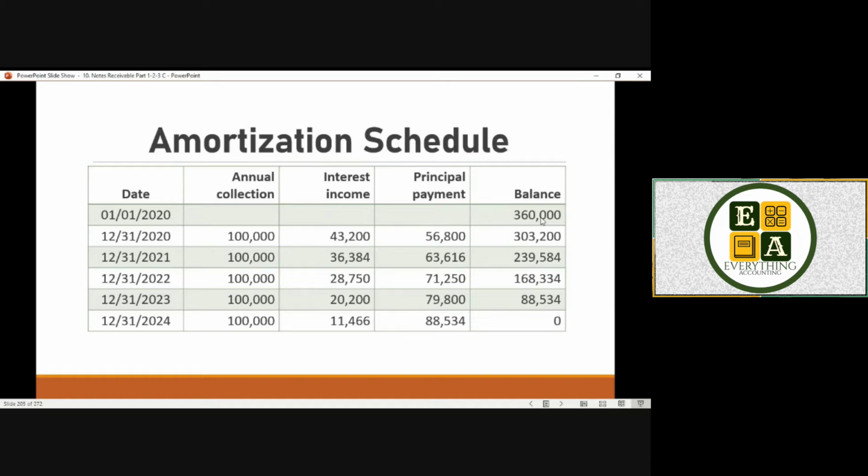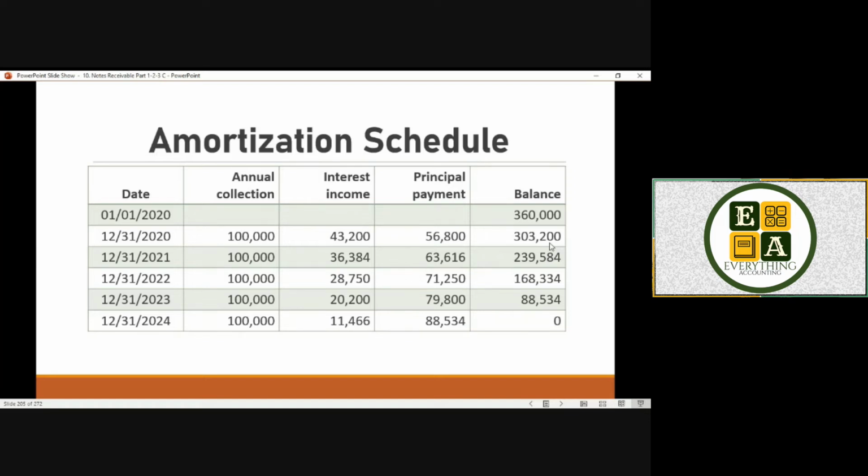So 360,000 times 12%, that would be 43,200. 43,200 minus 100,000, that would be 56,800. 56,800, deduct it from 360,000, that would be 303,200, to signify that the balance of the promissory note is decreasing due to the annual collection.